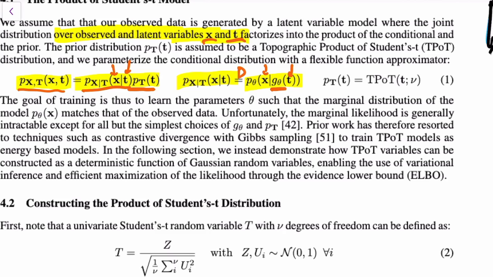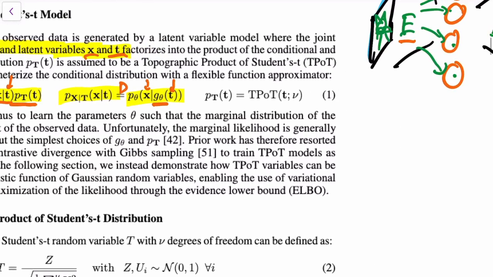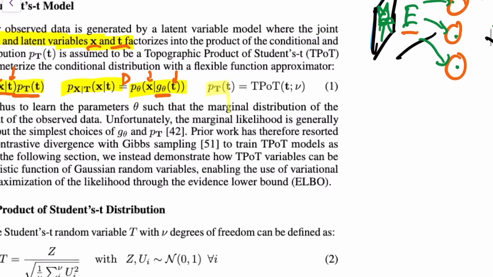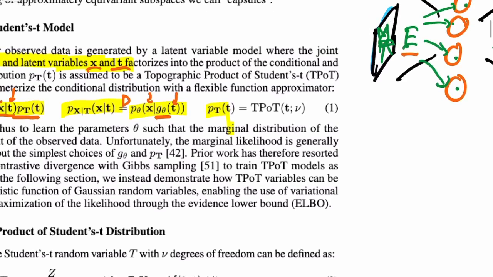Now, the interesting part, and where it differs from a regular VAE, is right here, where they ask how our latent space looks. Our latent space isn't independent Gaussians.